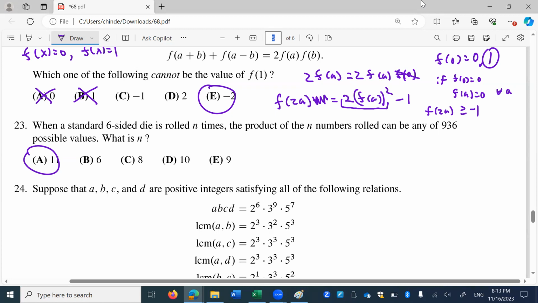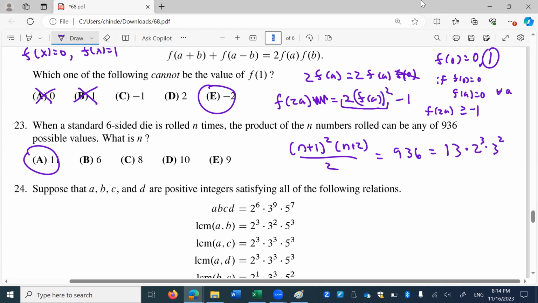Well, for one value of n, there's 936 possible products, but the general formula is that the number of possible products is (n plus 1) squared times (n plus 2) over 2. And now 936 happens to have a factor of 13. It's 13 times 2 cubed times 3 squared. And so how do we get a factor of 13?